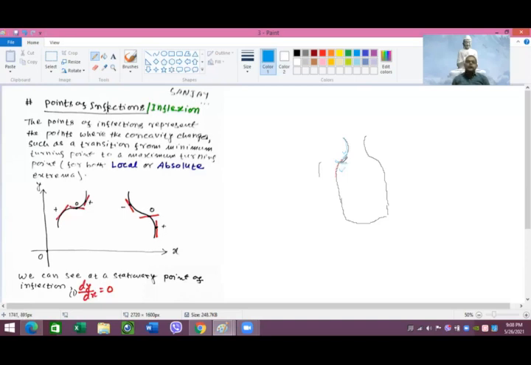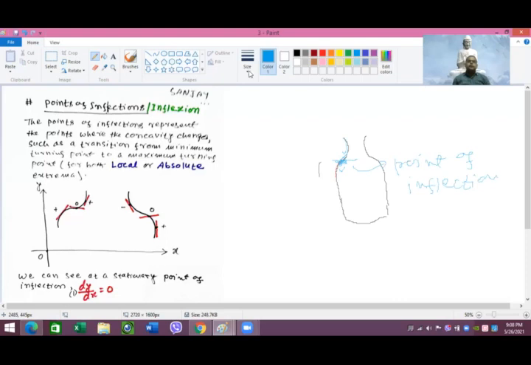So at this point, somewhere, it has changed the concavity. This point of change of concavity is actually called the point of inflection.